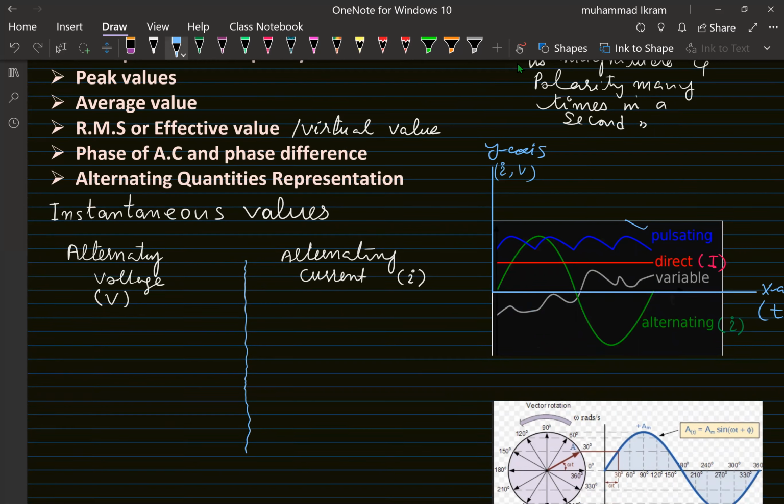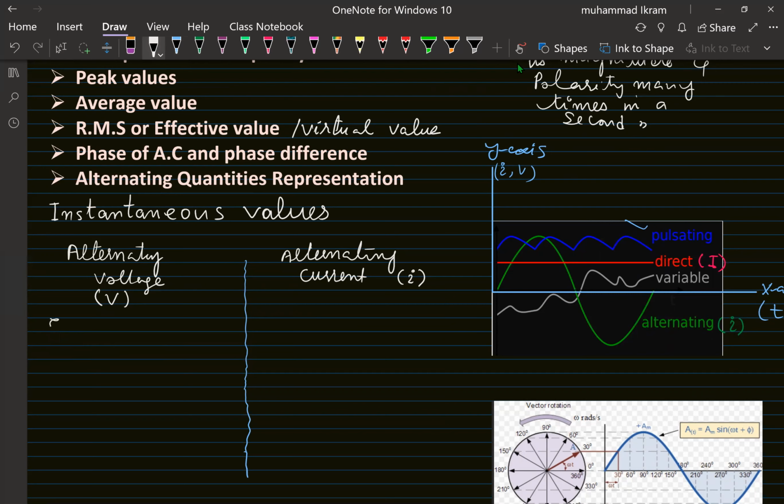Now look, the instantaneous voltage, which I will label as v. If you remember the most famous equation from the previous chapter, for example for the EMF, let me first write that one so that you can have a better understanding.